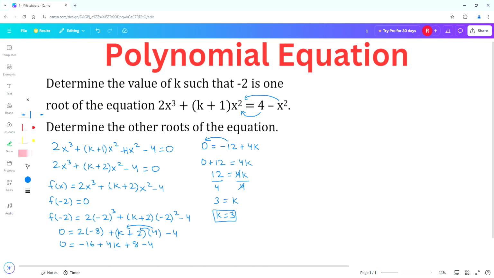Next, we have to find the other roots of the equation. The first step is to sub in k as 3 in the given equation. We have to set this equation equal to 0, so we can move all the terms to the left side of the equation.